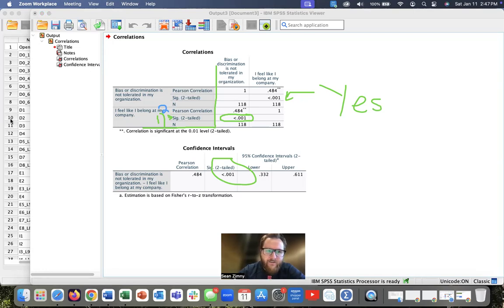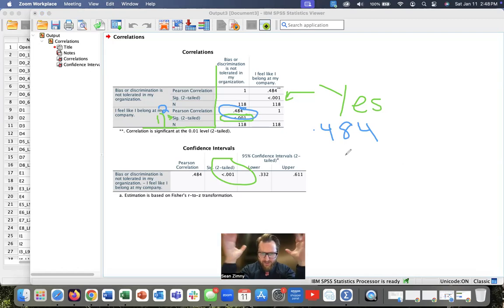The Pearson correlation gives us the strength of the relationship. 0.484. What does that mean? Remember we said anything less than 0.3 is a weak relationship. 0.3 to 0.5 is a moderate relationship. 0.5 and larger is a strong relationship. So what this means is that this is a moderate strength relationship, that this is a moderately strong relationship, okay?